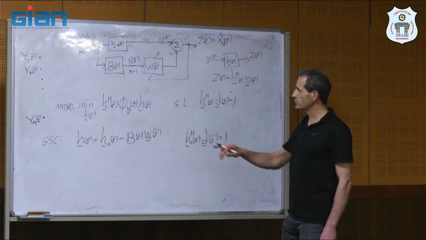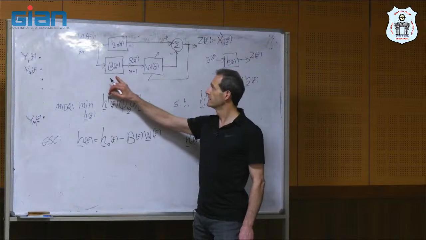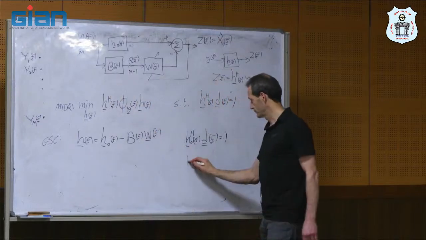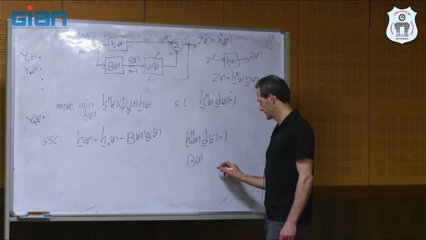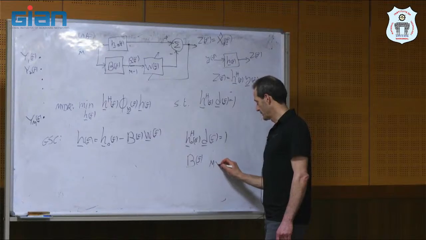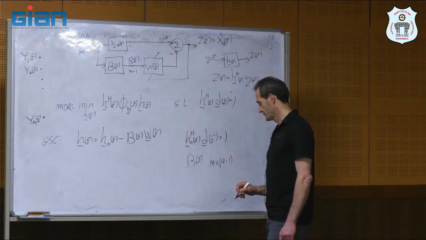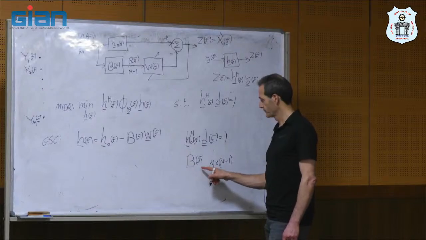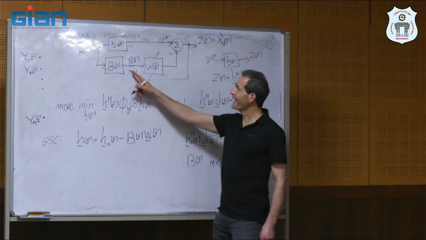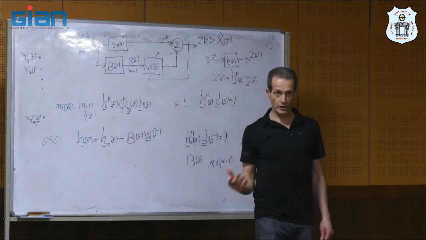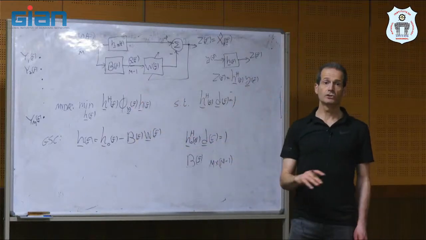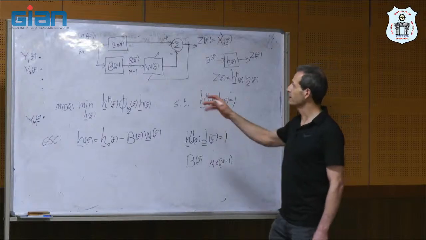The blocking matrix is a matrix of size M by M minus 1, such that we have here M minus 1 channels that are linearly independent.